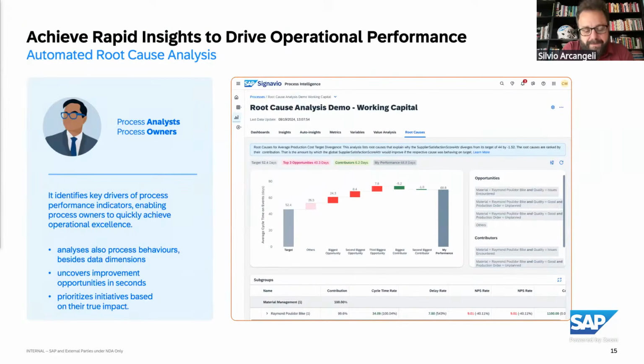Now, giving you also some highlights in terms of what we recently released in the product. One capability that I'm very proud of is automated root cause analysis. This is a very distinctive new capability. It's an additional engine that we built into SAP Signavio Process Intelligence that performs root cause analysis based on business goals.